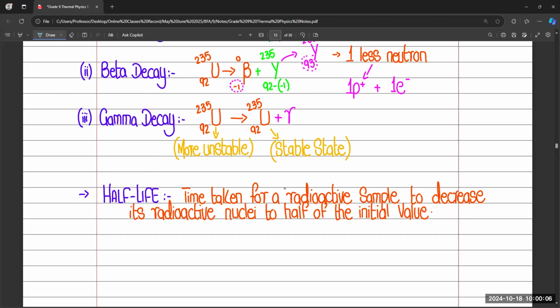if there is a radioactive sample, and for that radioactive sample the value is, let's suppose, 100. We are not writing exact proton number, neutron number. We are just taking the basic example.